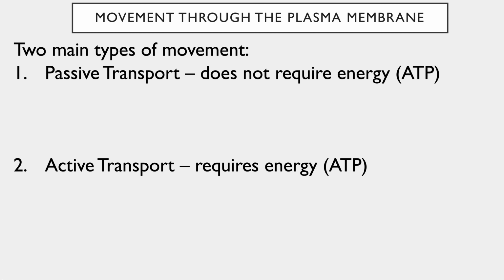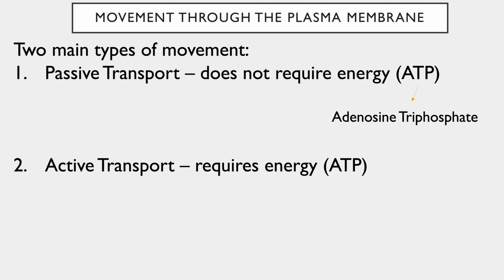What I want to talk about now is there are multiple ways items can cross the plasma membrane. We group them into two main types, first being the passive transport. It does not require ATP or energy.